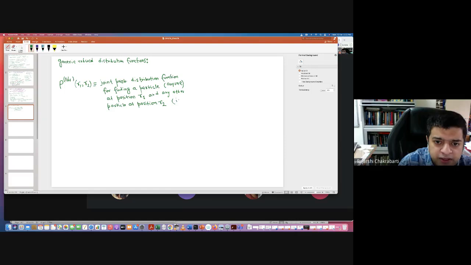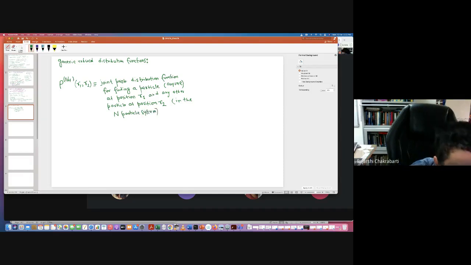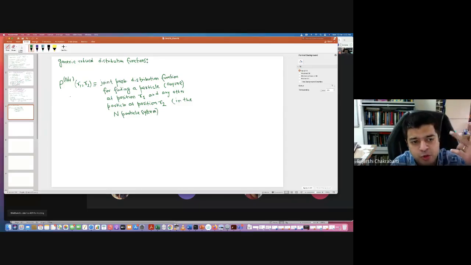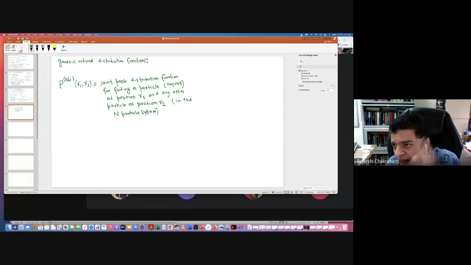Of course, you have the capital N particle system. See my notation. Capital N means total number of particles. 2 means how many particles I'm considering. 2 particles, having positions R1 and R2. But this could be any particle.